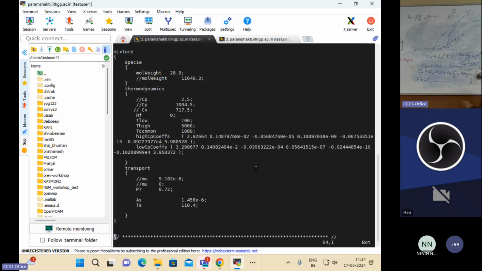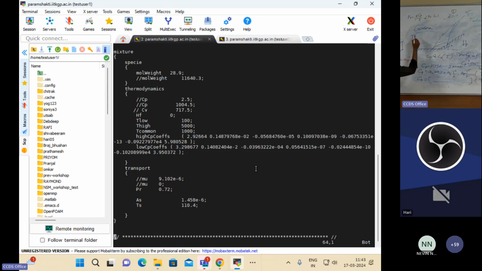HF is enthalpy of formation. For air, it is 0. You don't need any enthalpy to form, right? Recently we used Cantera, a software that can be compiled with Python, which contains the database, right?